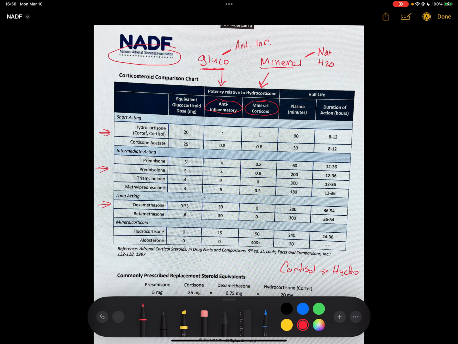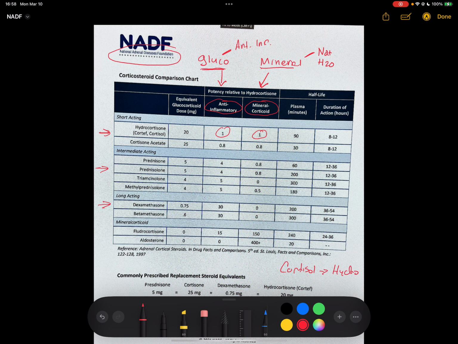So here you see the hydrocortisone is going to have an anti-inflammatory activity of 1 and a mineral corticoid activity of 1, or glucocorticoid to mineral corticoid of 1:1, because this chart is comparing everything to hydrocortisone.